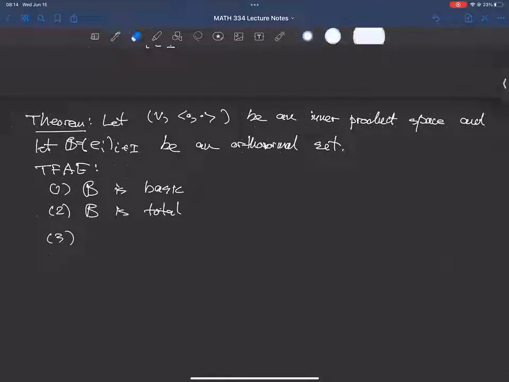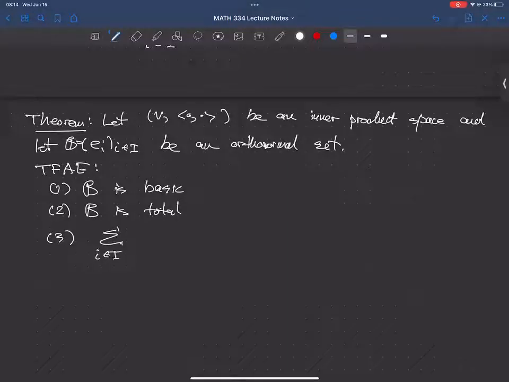One is that Bessel's inequality is an equality. So the sum over i of the squared inner product of v with e_i is equal to the squared norm of v.